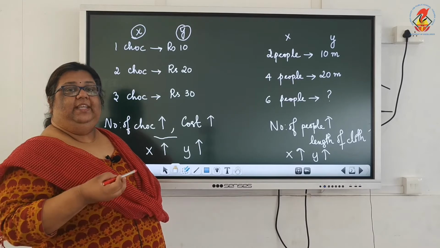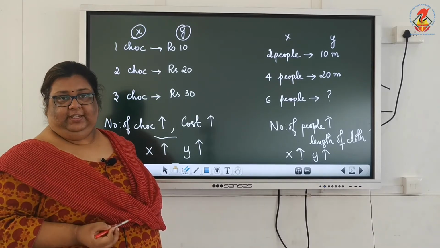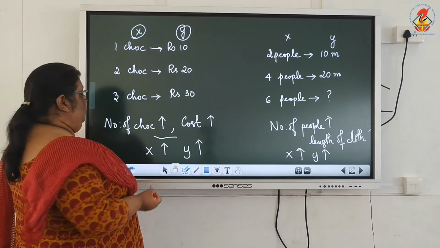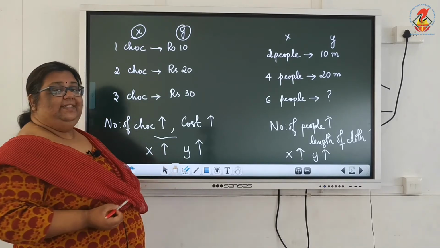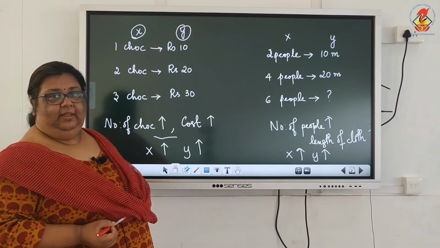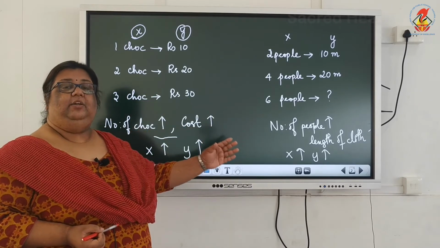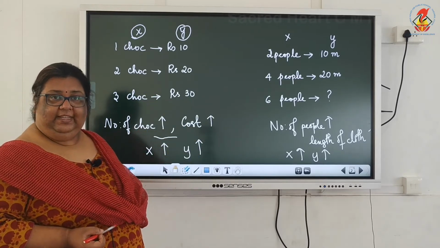When one quantity is increased, the other quantity is also increased. Then I can say X is directly proportional to Y. That means if one quantity increases, directly the other quantity is also increasing.